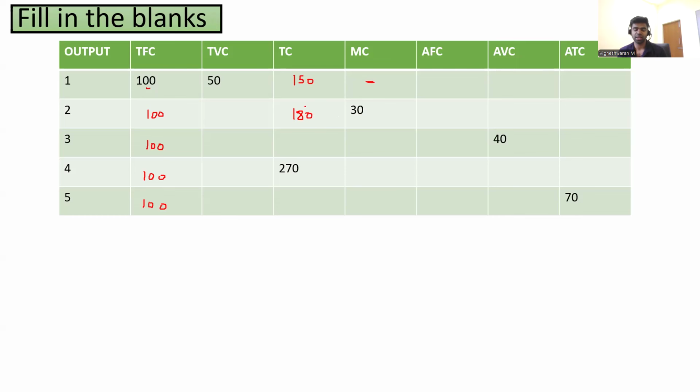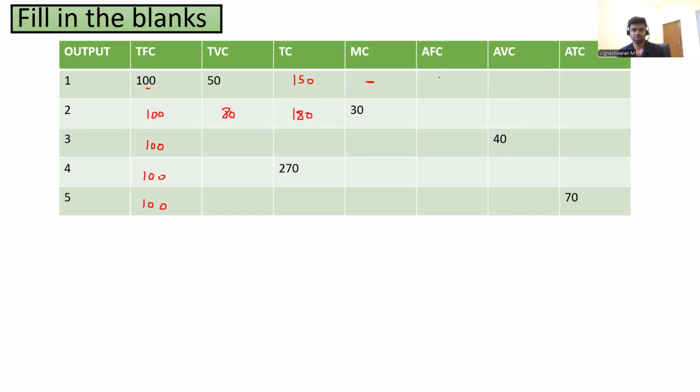If I put 180 here, marginal cost for the second one will be 30, right? Because 180 minus 150 is 30, and the output is increasing by 1 unit only, so don't worry about the denominator. So if 150 is here and 30 is here, it will be 180. If 180 is the total cost, then for this one the variable cost is 80, right?